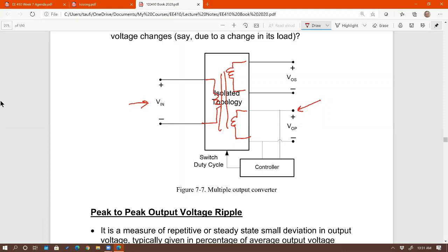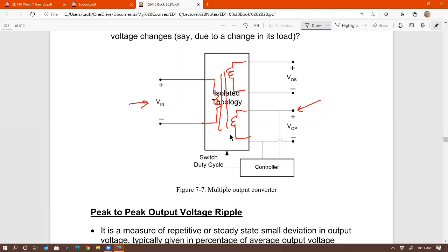If input voltage changes, then the output voltage of the bottom one will sense it, because then it'll say, oh, input voltage is now higher. How does it know it? Because the output voltage gets higher, right? So therefore the feedback senses it and says, okay, let's reduce duty cycle, right? So that's good. What about the top one?